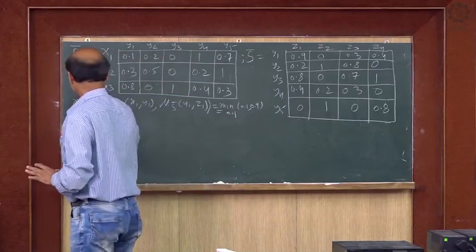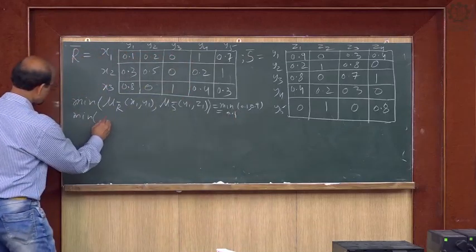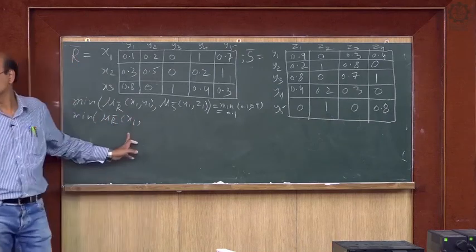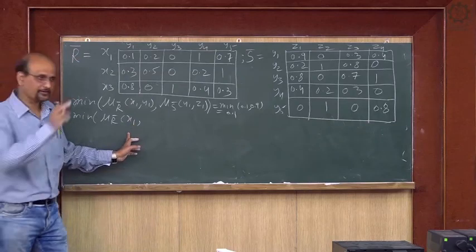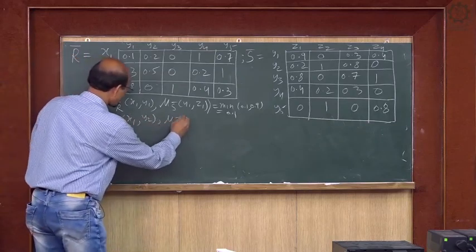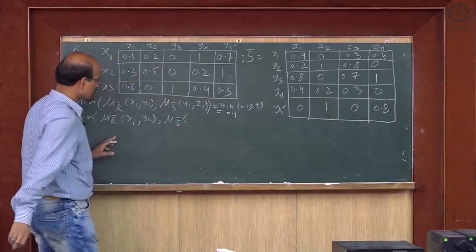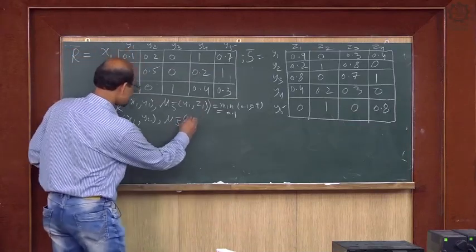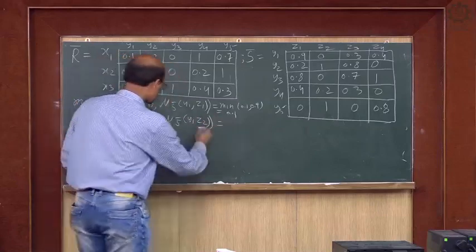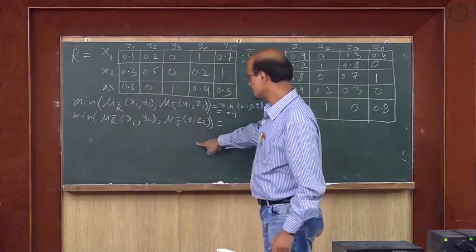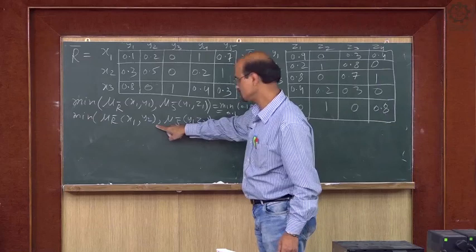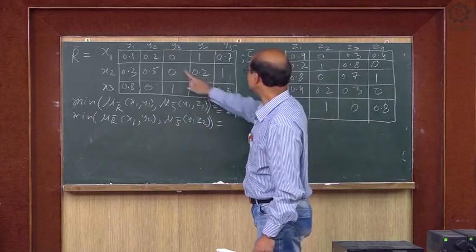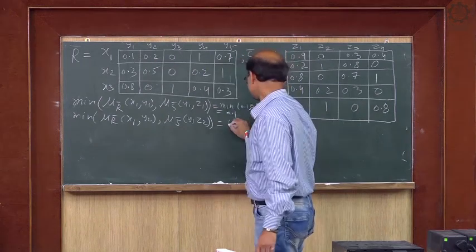Okay. Then again I have to find the minimum of mu R bar x1 y2 and mu S bar y1 z2. So what is that? 0.2 and 0, that is 0.